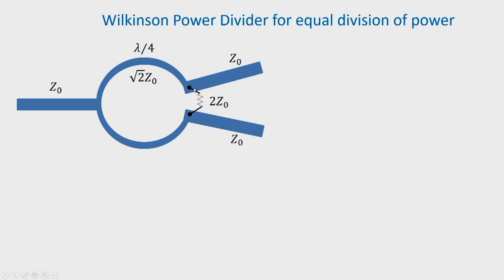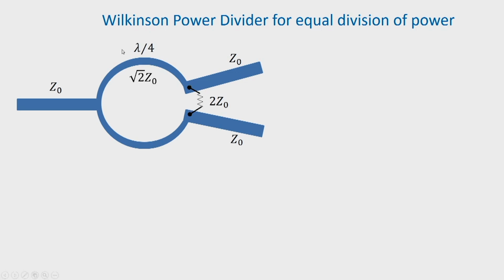Now, these two sections are lambda by 4 sections, and each of these sections is having characteristic impedance root 2 Z0. Now, we can see that between the two output ports we have a resistance 2 Z0 connected.